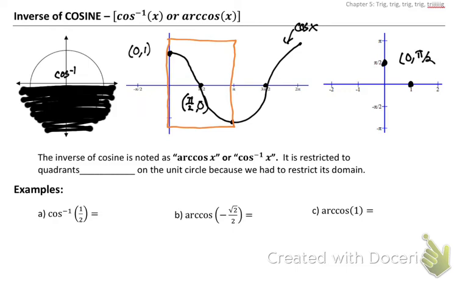Guess I should be writing those down, just trying to get through so we have time. And our last one is pi, negative 1, so I plot the point negative 1, pi. And our graph would look something like that. This would be my arc cosine or cosine inverse of x.